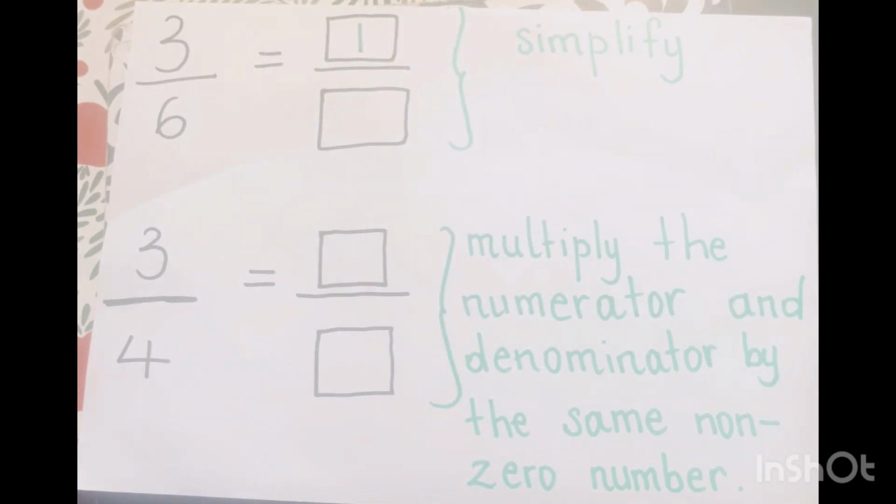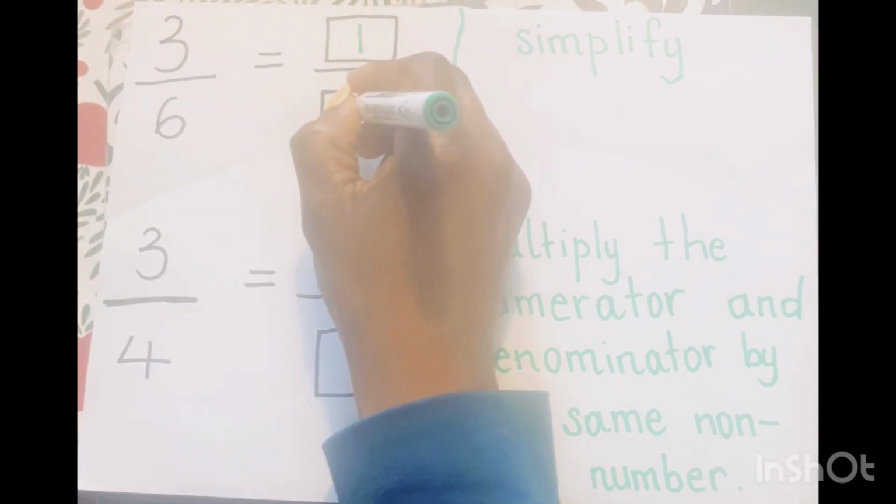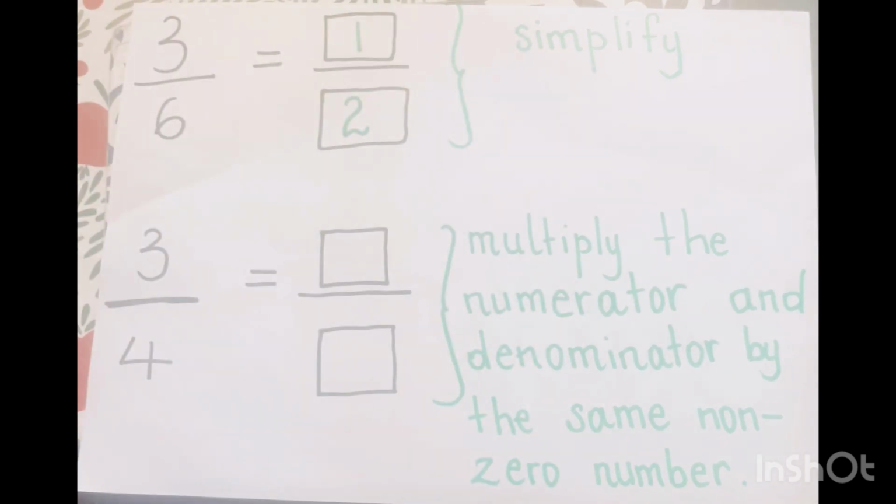How many times can I get 3 out of 6? That should be 2 times. And there is something that just came to me in terms of 3 over 6.